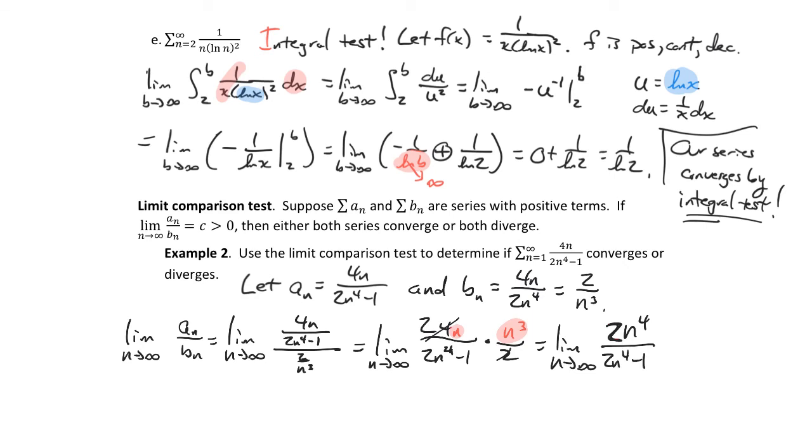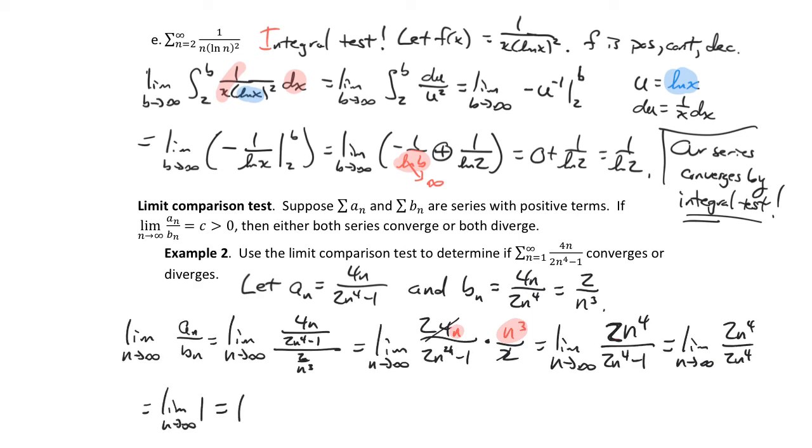Now, in the long run, for very, very large values of n, 2n to the fourth over 2n to the fourth minus 1 is going to be 2n to the fourth over 2n to the fourth. Hey, look at that. That's equal to the limit as n goes to infinity of 1, which equals 1.